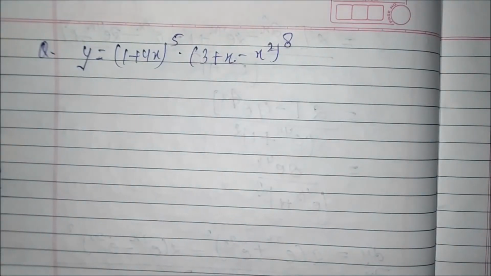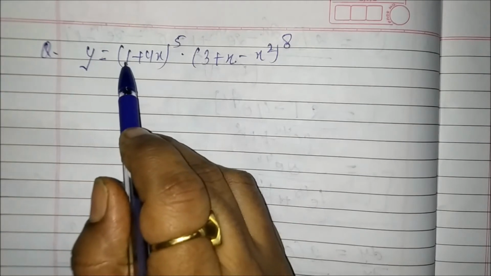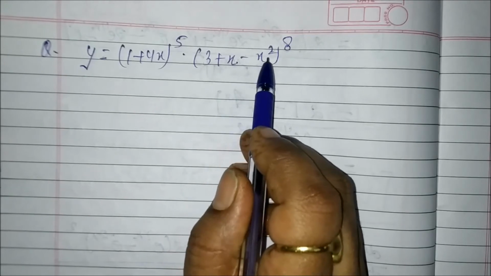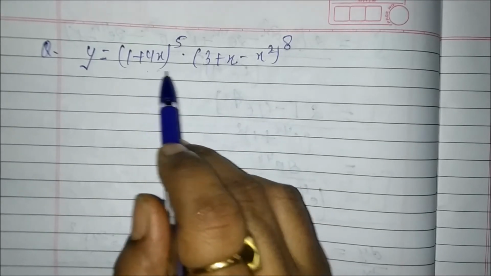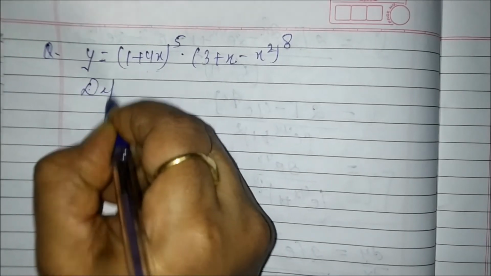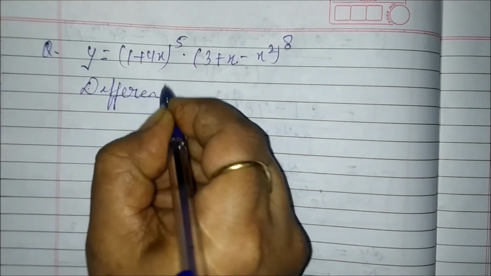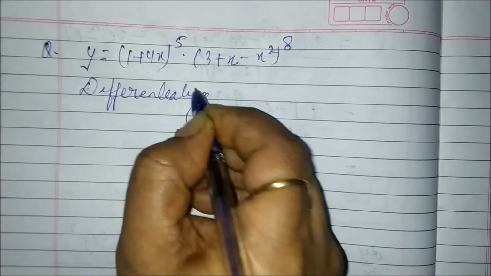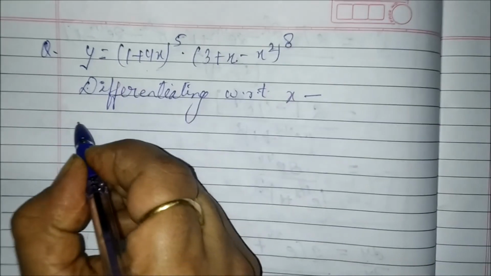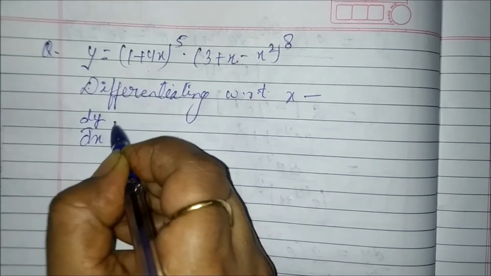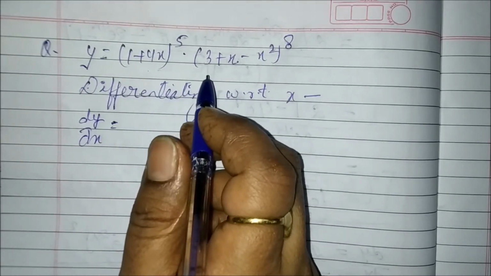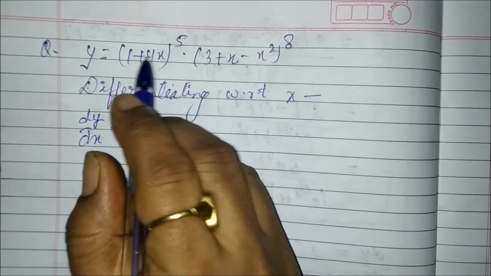Now next sum. Here the function is given: y equals (1 plus 4x) raised to 5 into (3 plus x minus x square) raised to 8. Here it is given as u and v. This is u and v type. Okay. So differentiating with respect to x, we get dy by dx equals u into v. What is the formula? u into dv by dx plus v into du by dx.